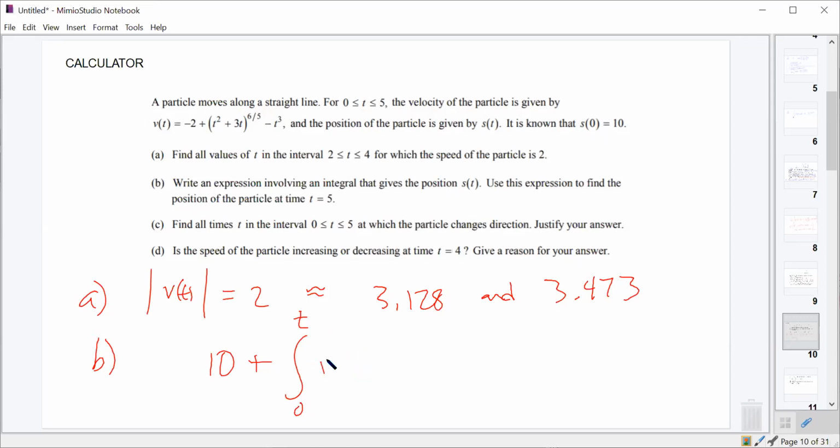We don't even need to write the whole thing out. Just make sure you write this in terms of a different variable so that you can put a t up in the upper limit.